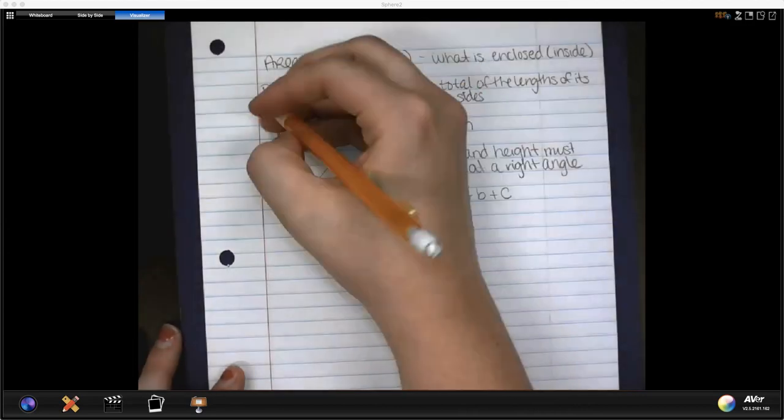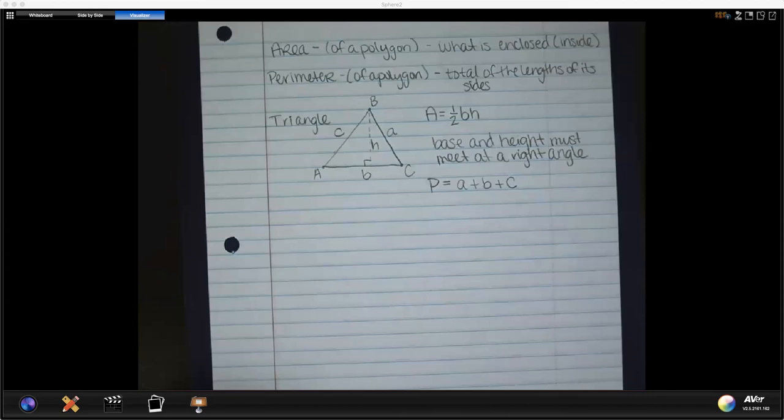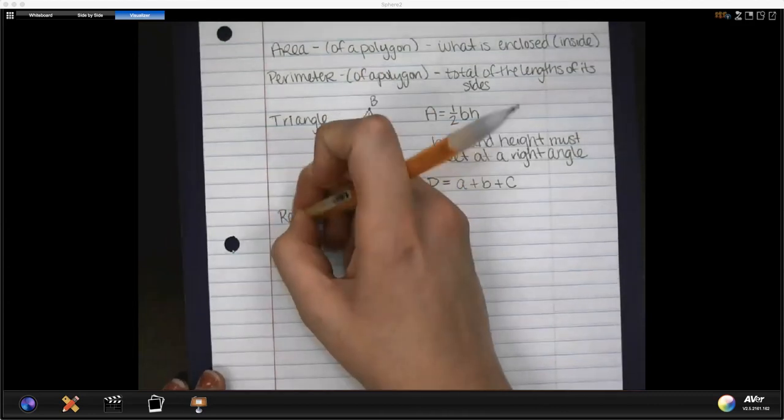Okay. So triangle, and then rather than finding the quadrilateral area and perimeter, it is based on what type of quadrilateral. So specifically, we're just going to talk about rectangle area and perimeter. Oh, let's see if I can spell it right.